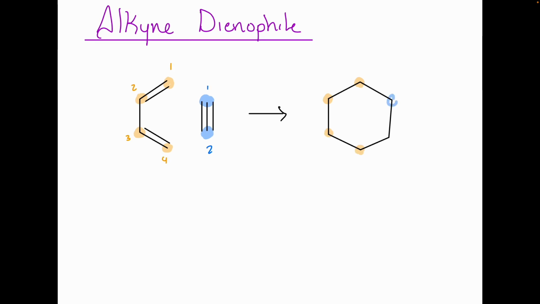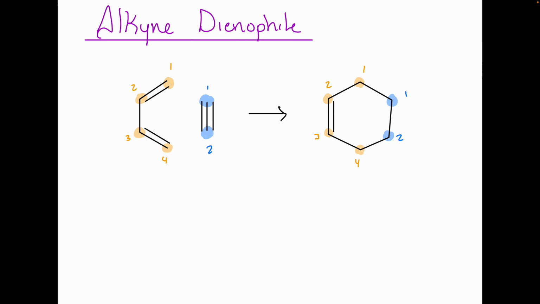Oops. 1, 2, 3, 4. 1, 2. All right, so first of all, I know I'm going to have to move that pi bond to be between carbons 2 and 3.